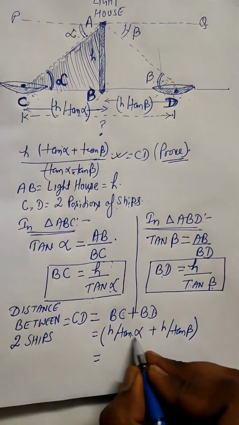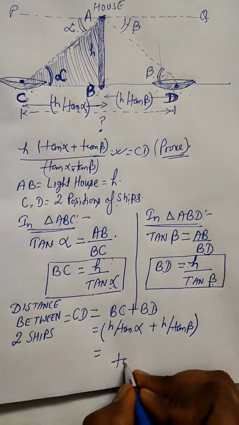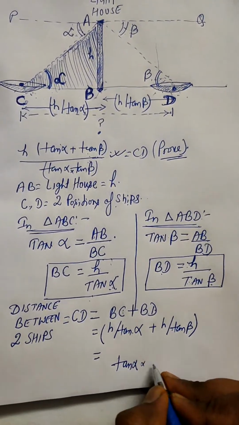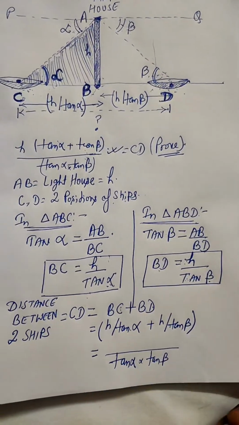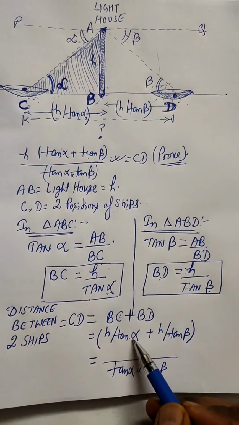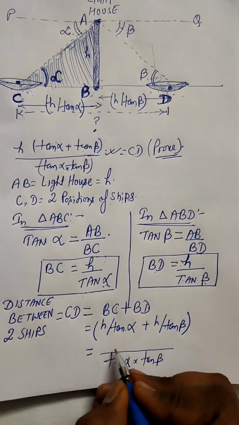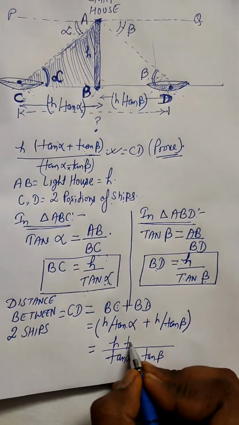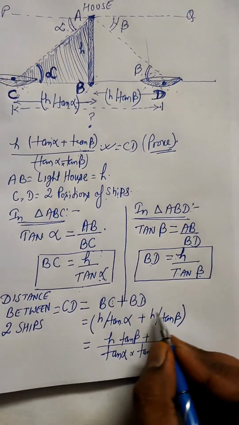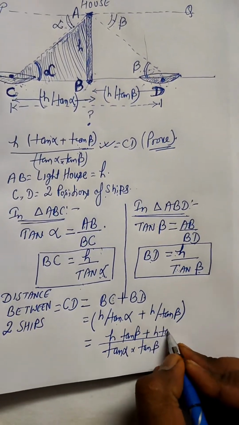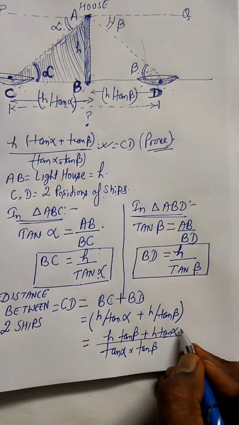Take the LCM, which is tan alpha into tan beta, right? And here is tan alpha, so tan beta will come here. So H tan beta plus H tan alpha will be the numerator.